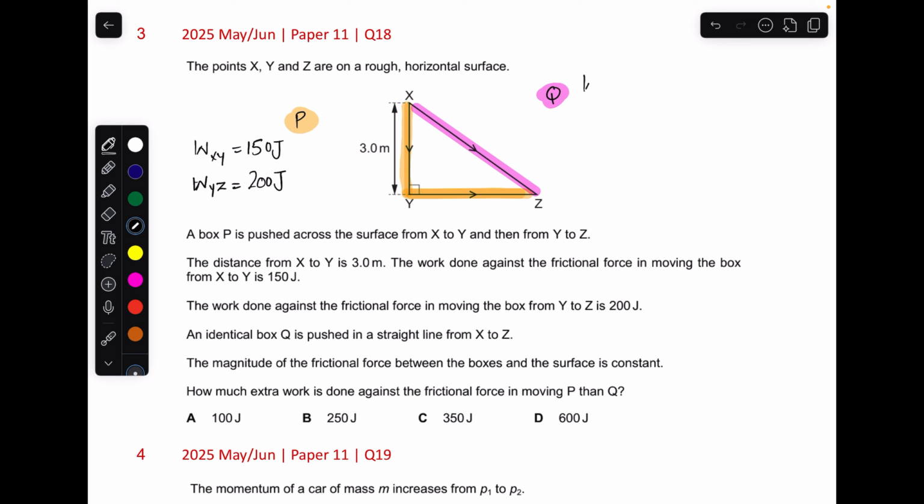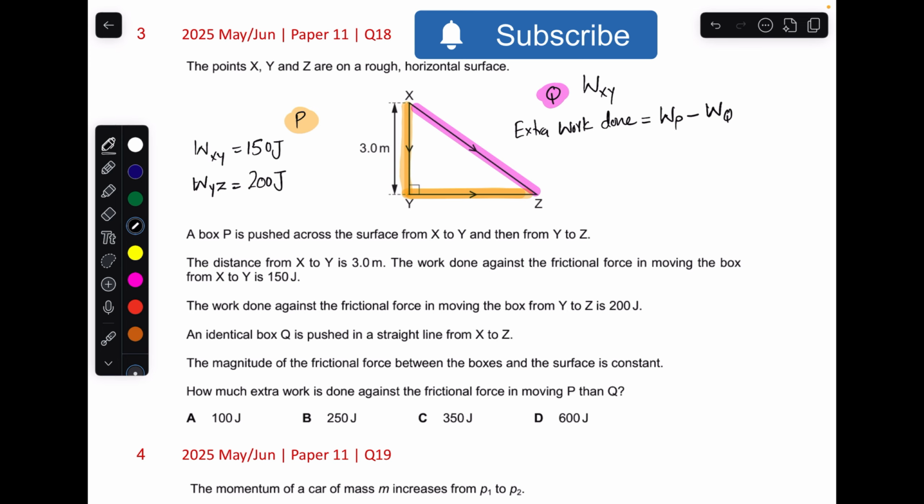Okay, for Q, the work done is simply from x to z. If you have to find extra work, then you have to find the difference: work for P minus work for Q. Work for P, if you see, P first moves from x to y, then y to z.